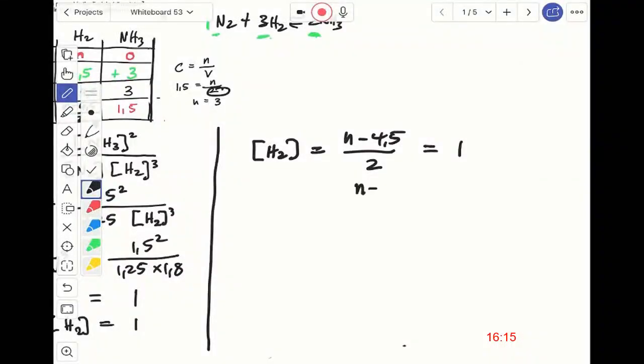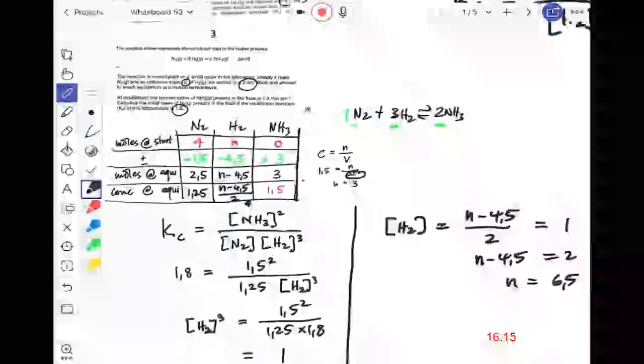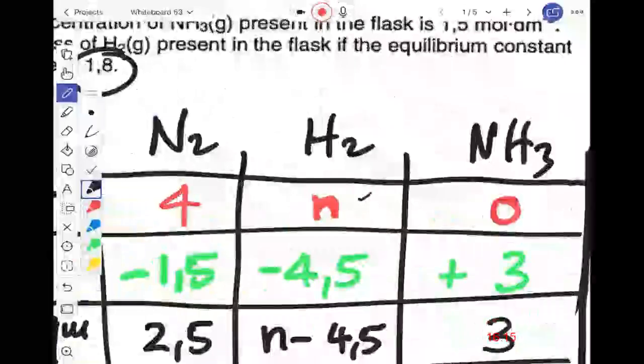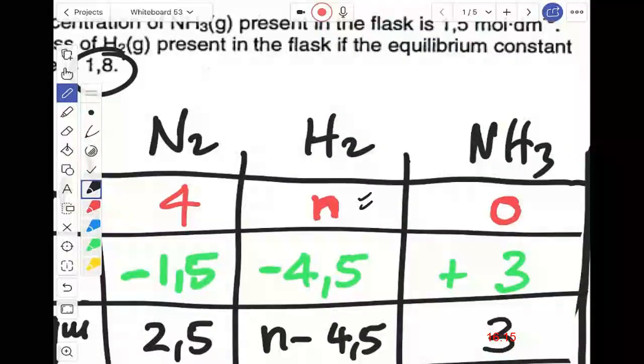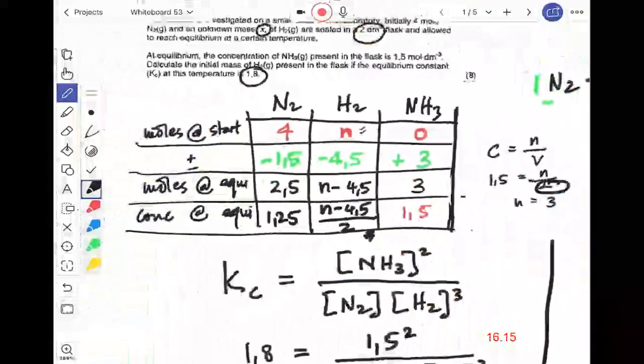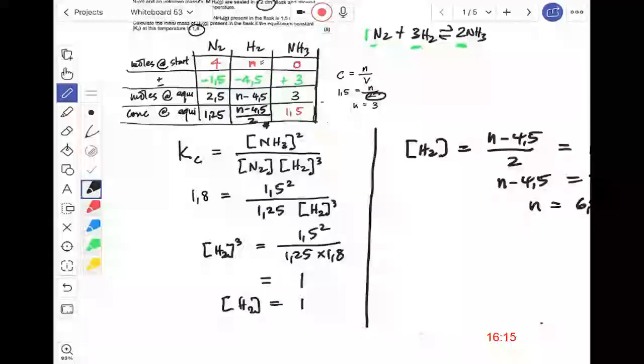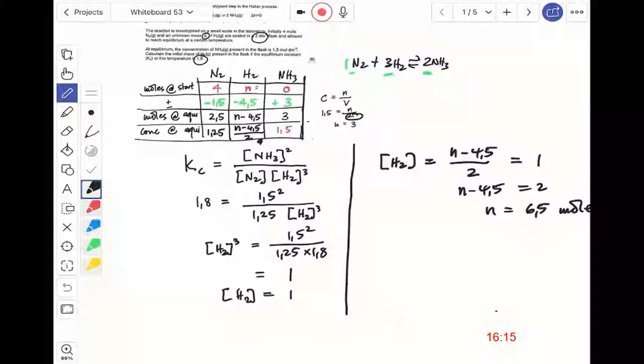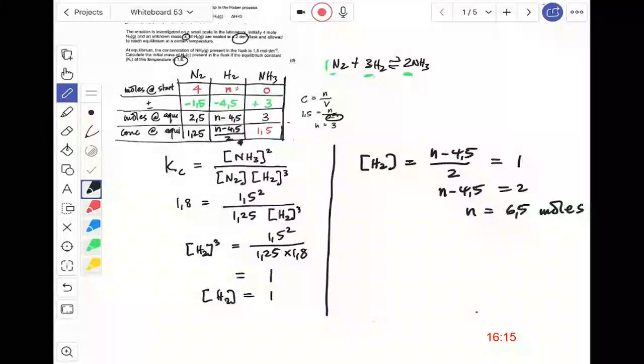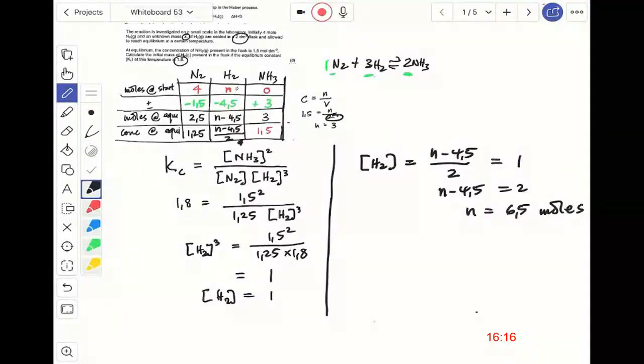Which means N minus 4,5 is equal to 2, and N is equal to 6,5 moles. Now I know that this number of moles that was originally put in the sealed container is 6,5.